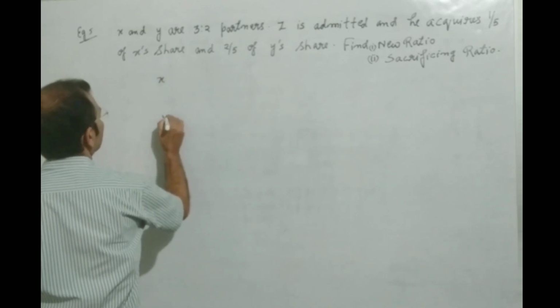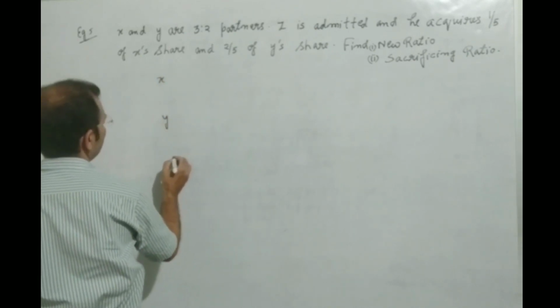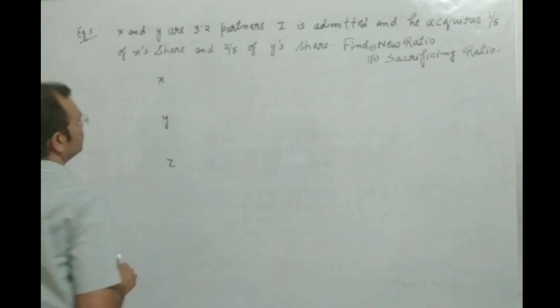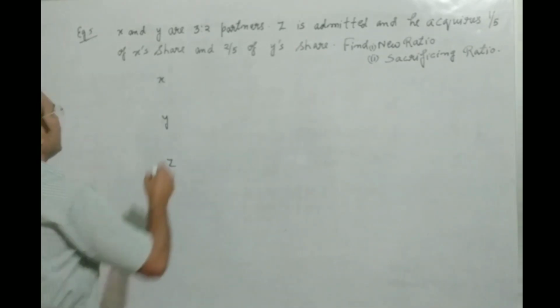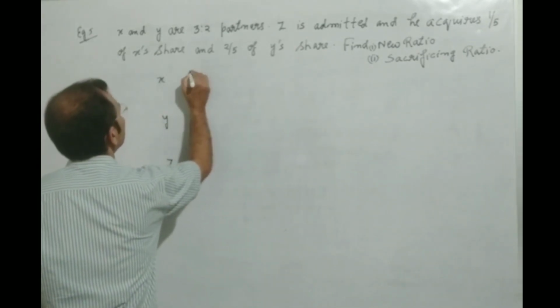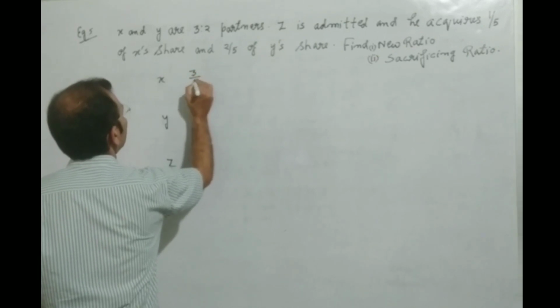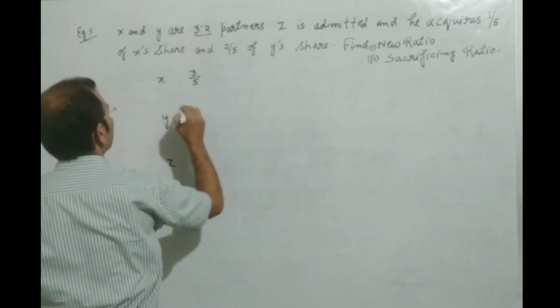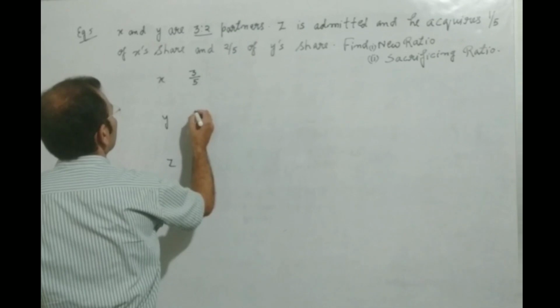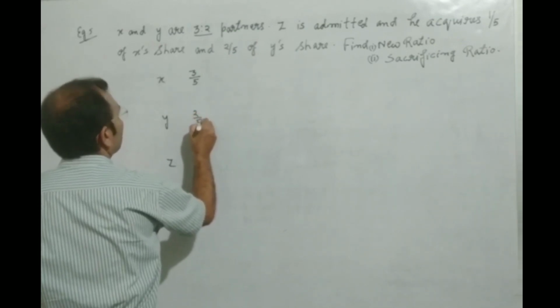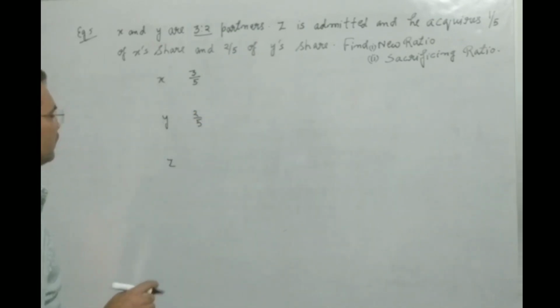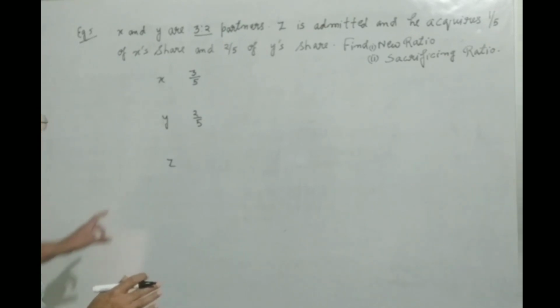X, Y and Z. In front of X we will write 3/5 and 2/5, and Z will get a share.